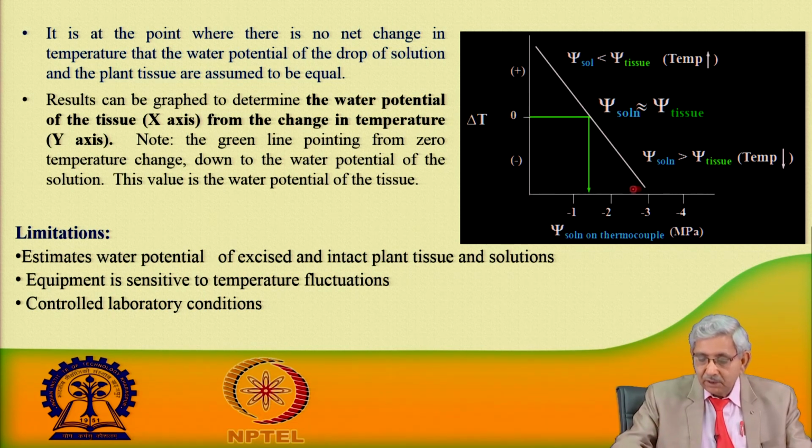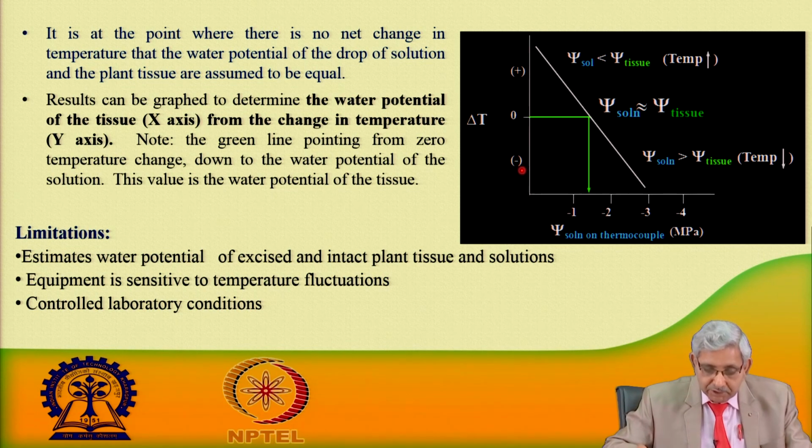This relationship can be explained graphically: water potential is plotted on the x axis, and the change in the temperature is plotted on the y axis.